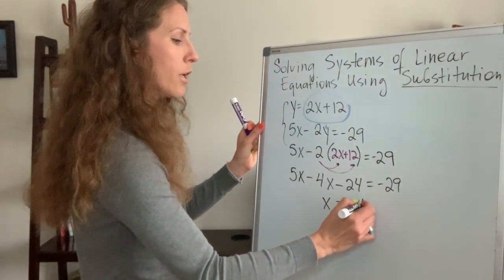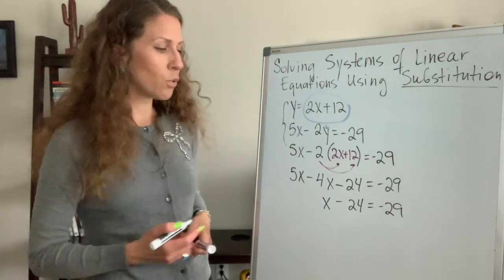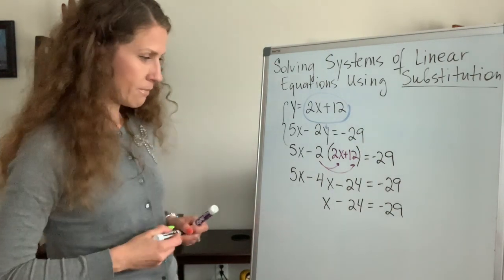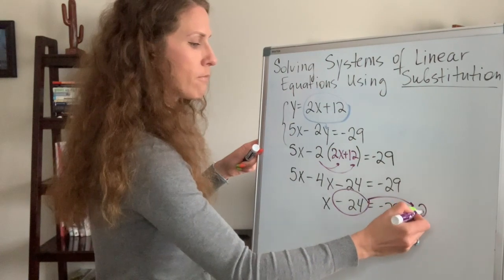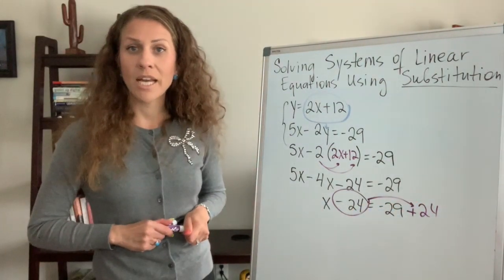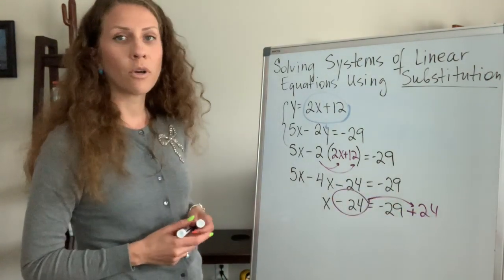Minus 24 equals negative 29. Now I will take negative 24 and move it to the right side by adding it. So the only thing that's left on the left side is x, and on the right side I have negative 29 plus 24, which is negative 5.